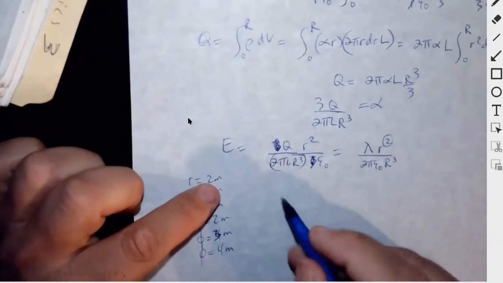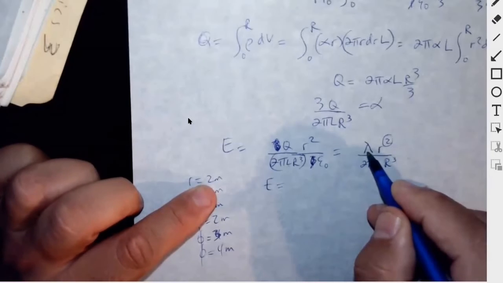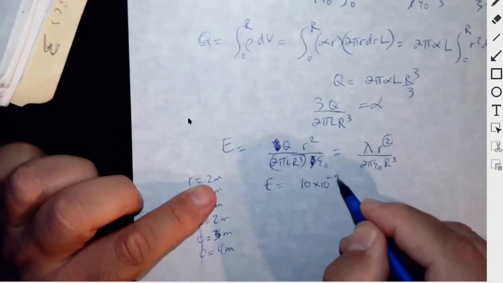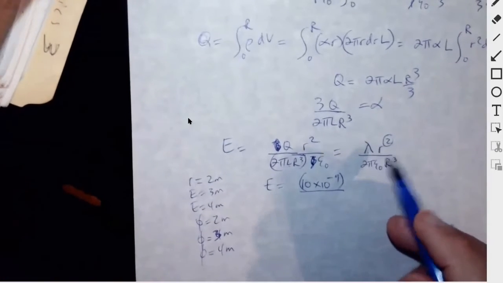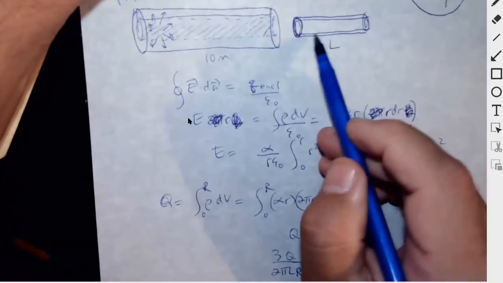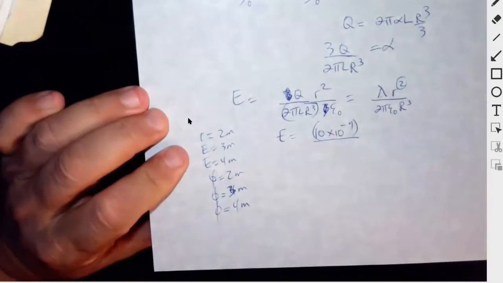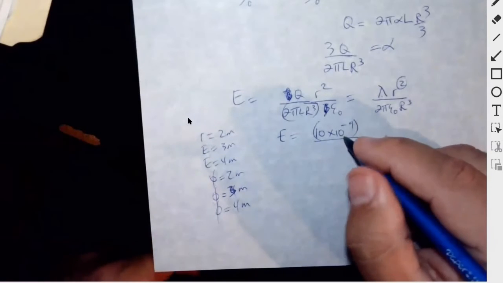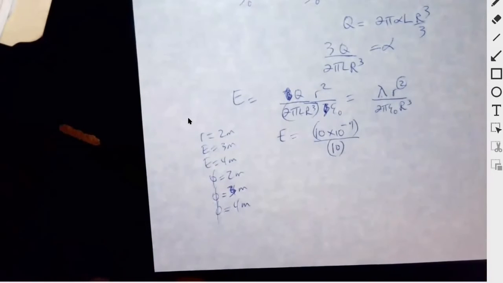Okay, so the electrical field is going to be what? Lambda is the charge per unit length. So if it's 10 nanocoulombs, divided by unit length, it depends on what the length is. So if it's a 10-meter rod, with spheres, you don't have to worry about the length, but with rods and cylinders, you have to. So divide that by the length of the rod.